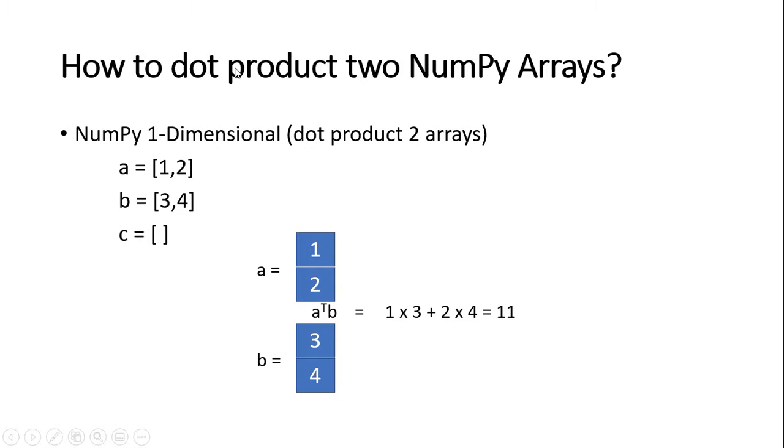Means when you perform only the product, nothing but multiplication, your output will again be an array with some elements. But when you do the dot product, the output will be a single value, meaning all the values are multiplied and then added. Finally, you will get a single value as the output.